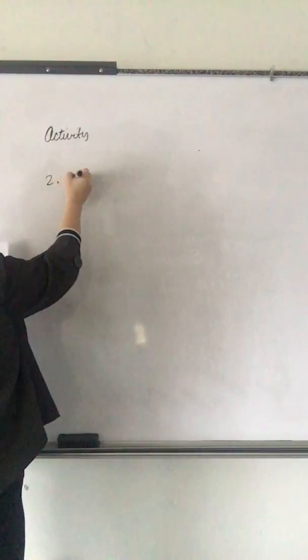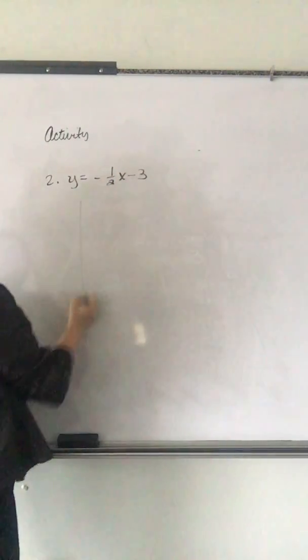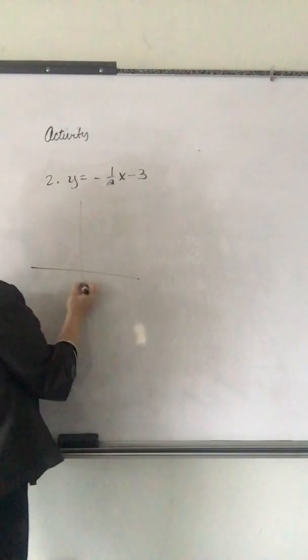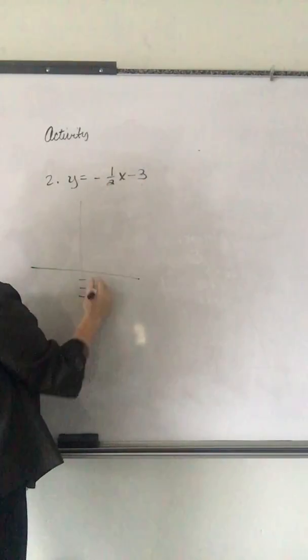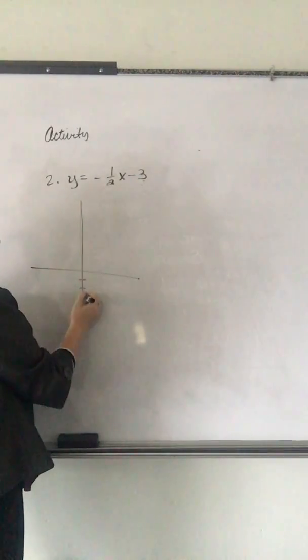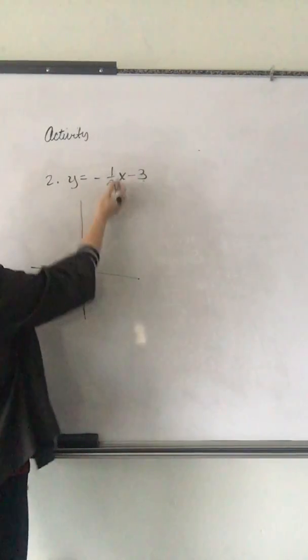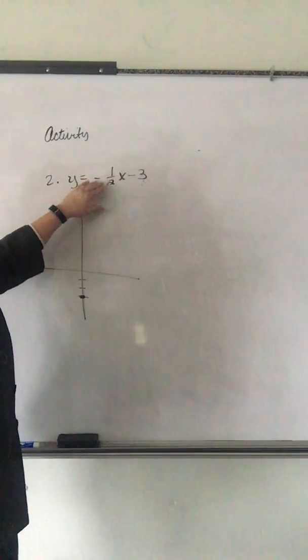Example 2, we also have a y equals, so it's already solved for y. So we start here at -3, and again, that's your y-intercept. Don't get it confused with your x. This is your y-axis. This is a y-intercept. So go down 3 on the y-axis, then rise over run. Now notice this one has a negative sign on your fraction.